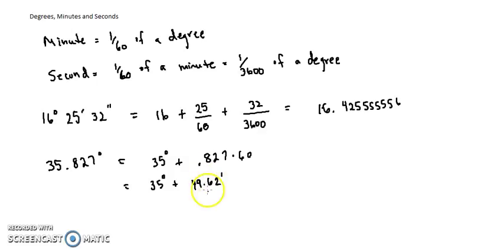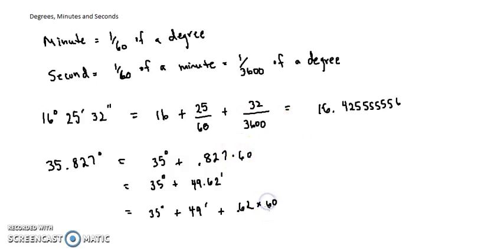Okay, so now we have degrees and minutes. We want to take this decimal portion again and make our seconds. So we do the same exact step again. So we've got 35 degrees, that's our whole portion of degrees. 49 is our minutes. And now the 62, we break that off again, 0.62. And we don't multiply by 3600 because we already multiplied by 60.